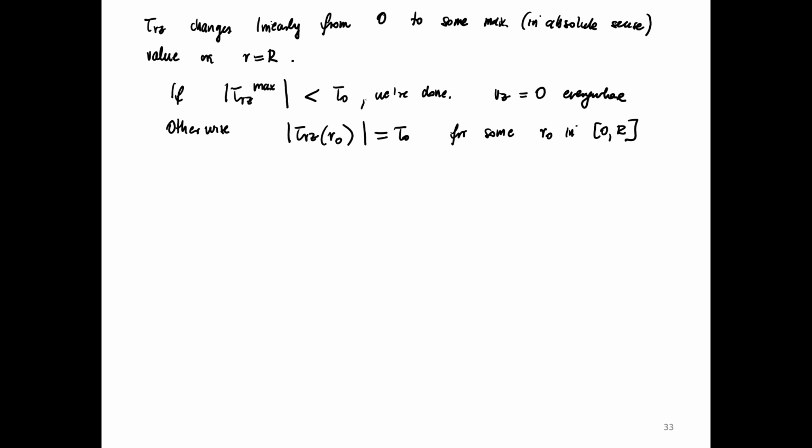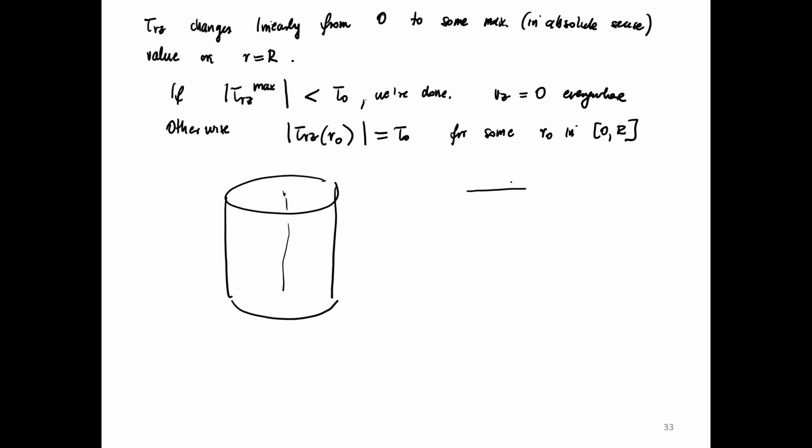Okay, let's go again. So I have a tube. Now if I'm just looking at the R direction, and I'm plotting in this downward direction too, tau RZ.